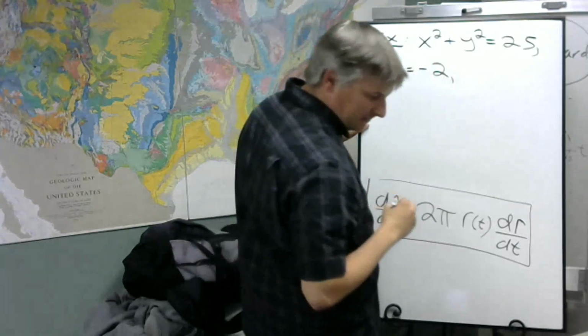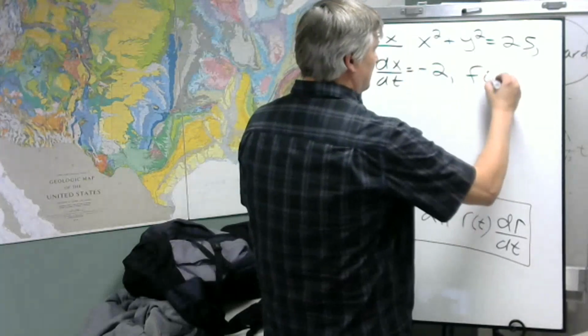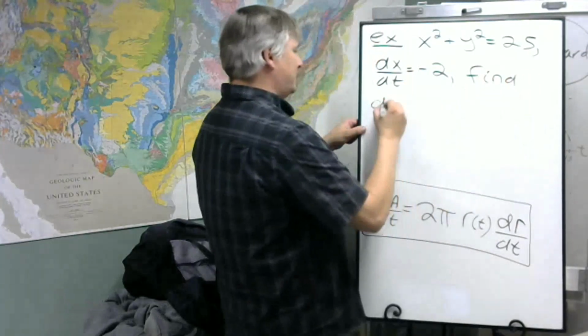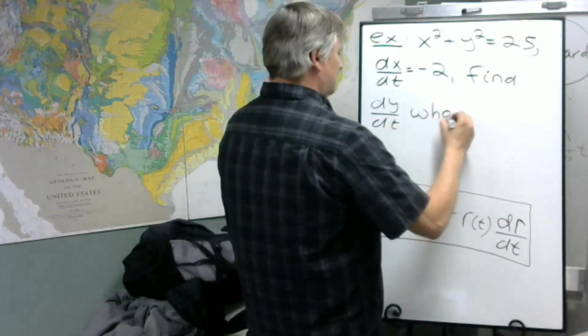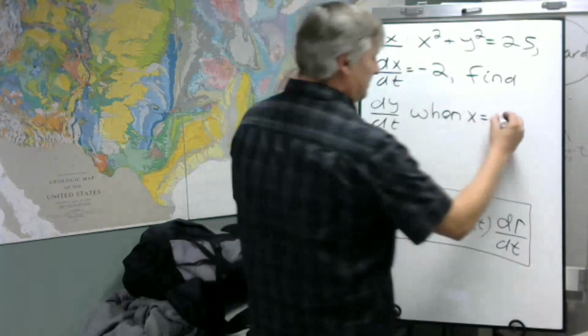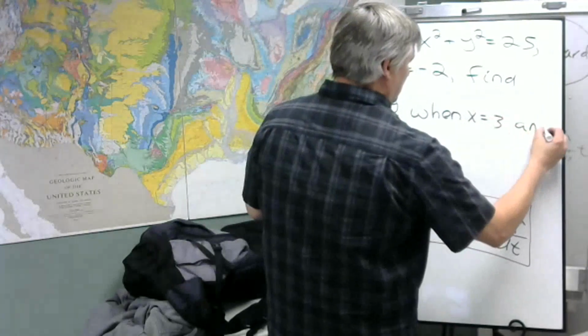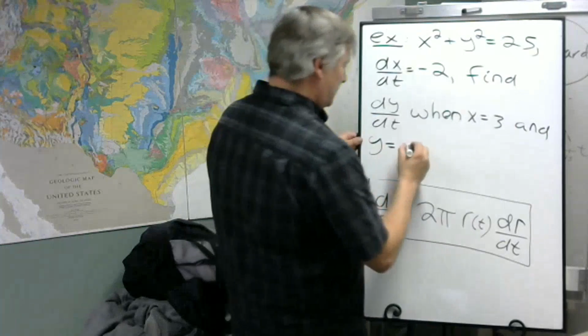And we're also given, or we're asked to find dy dt when x is 3 and y is -4.